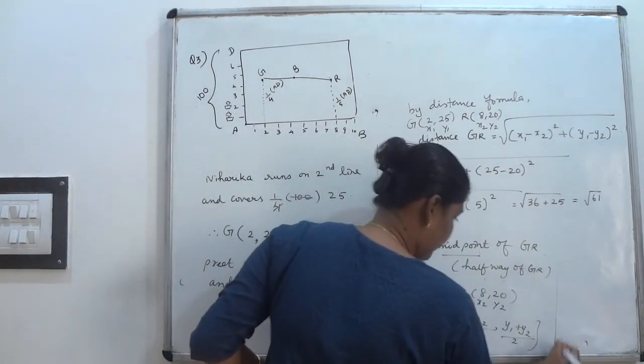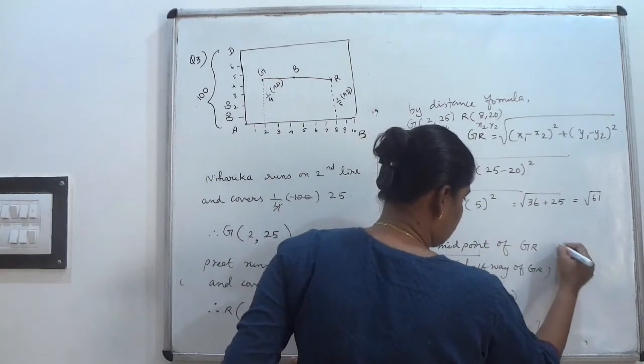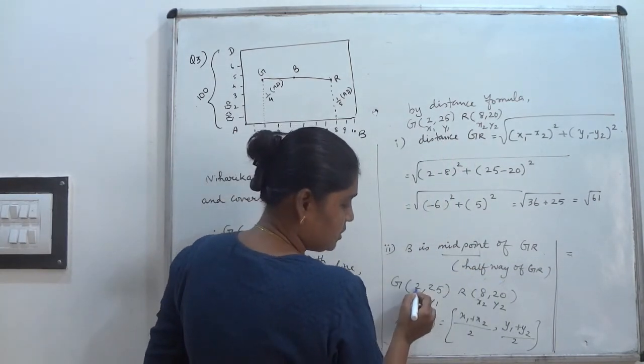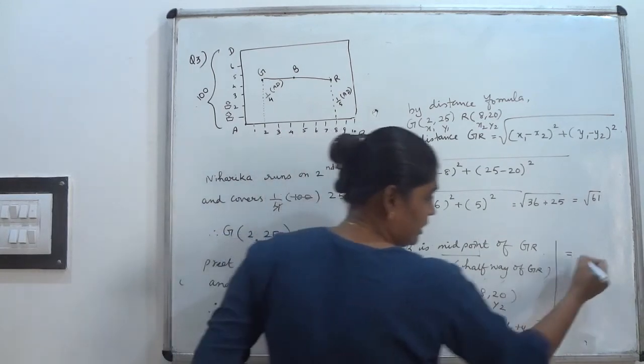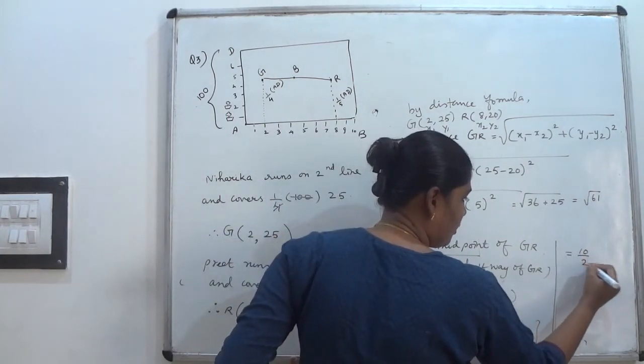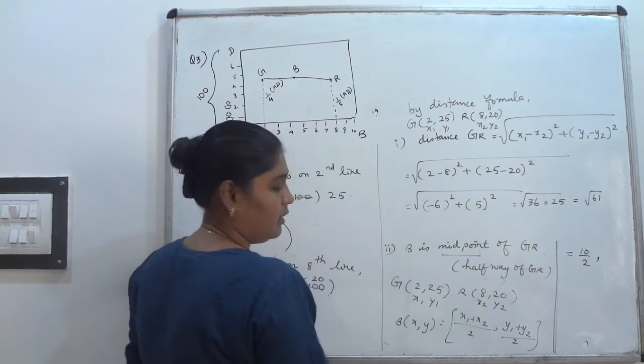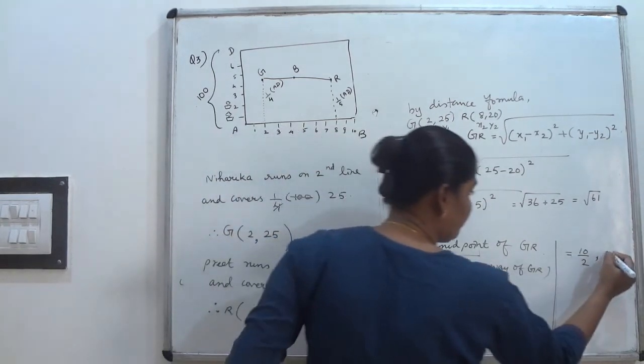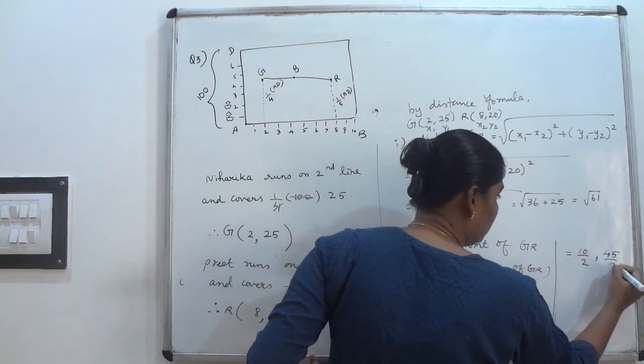Let us see. So you can write it here. x1 plus x2, that is 2 plus 8, that is what? 10 upon 2. Like y1 plus y2, that is 25 plus 20, that is 45 upon 2.